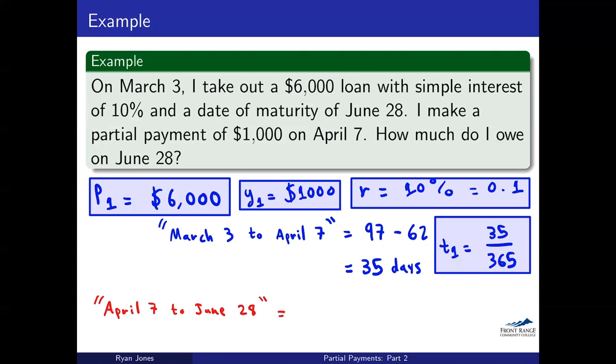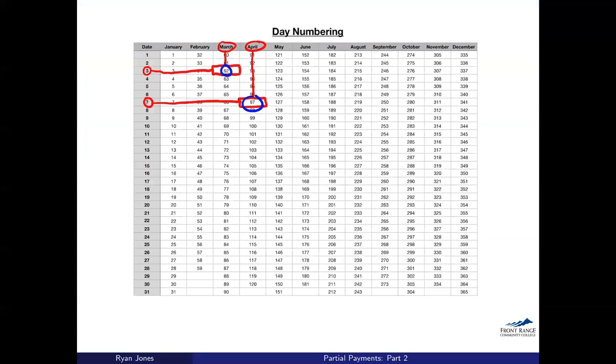And so we should find out what June 28th is. Well, June 28th looks to me, let's go all the way down, let's go all the way across, let's see where those intersect. Looks to me like right at 179. Got that right there.